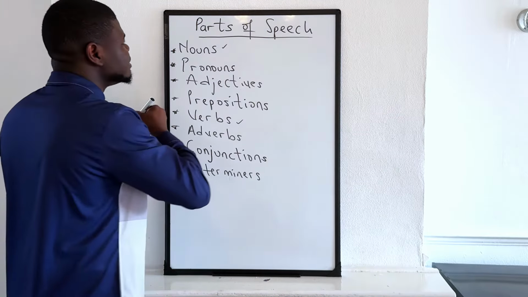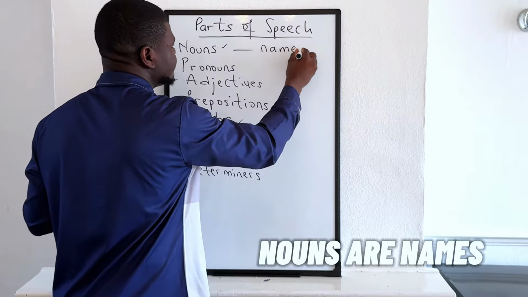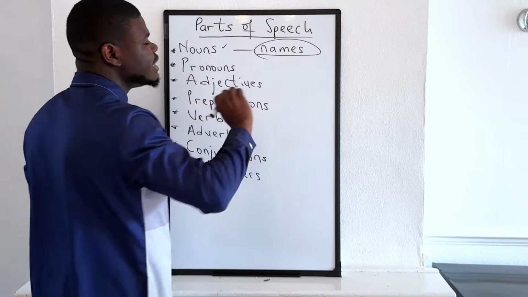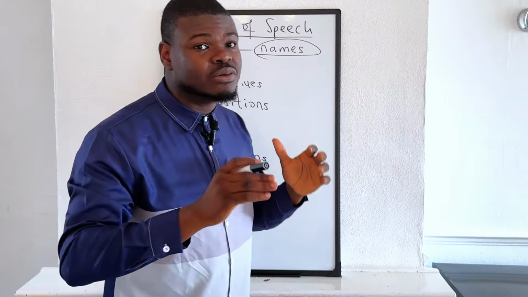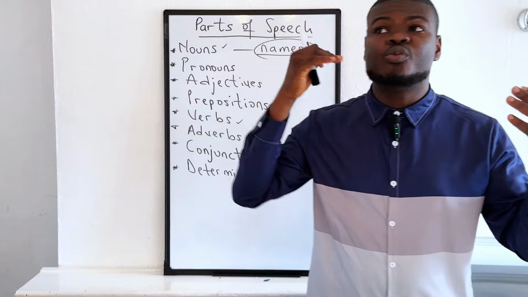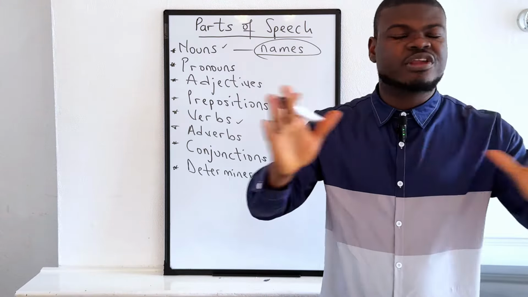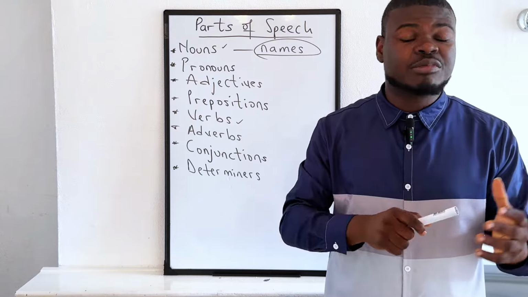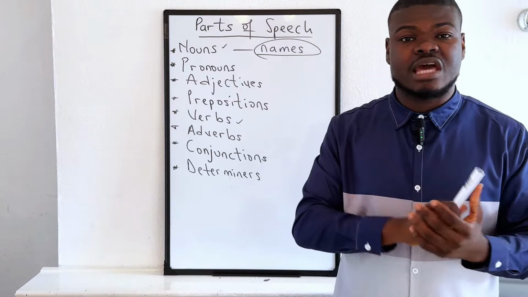What are nouns? Simply put, nouns are names. It's as simple as that. A noun is the name of a person, animal, place, thing, idea, whatever you can imagine that's got a name is a noun. Anything at all. As long as it's got a name, it is a noun.